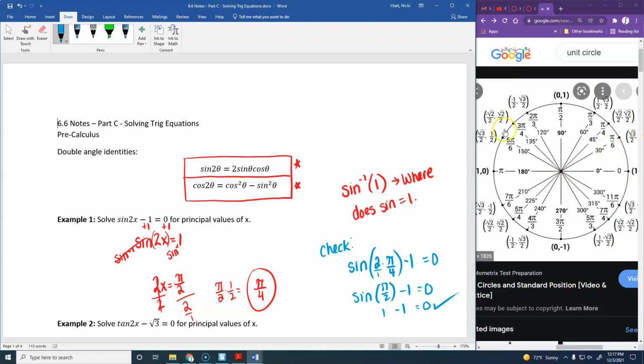For example, if 3 pi over 4 was an answer, which it's not, and I took half of it, it would be 3 pi over 8, which would not be on the unit circle, but it would be over here. Or if pi was an answer, which it's not, and I had to take half of it, I'd get pi over 2, which is a principal value. Now, is there anywhere else on the unit circle that sine equals 1?